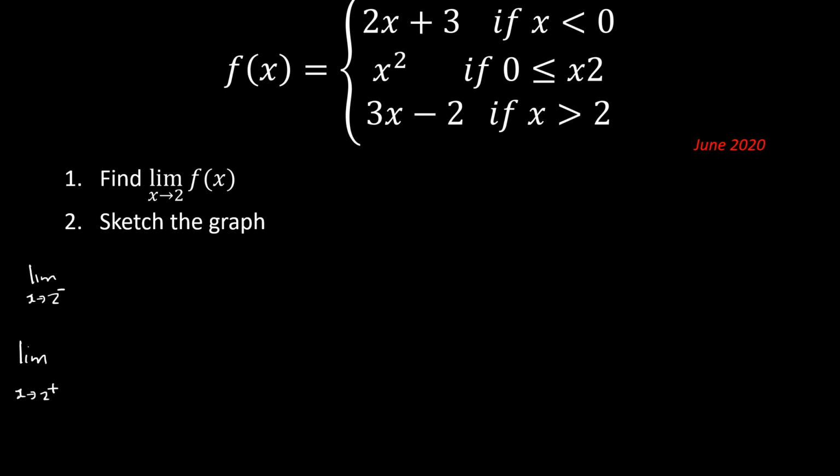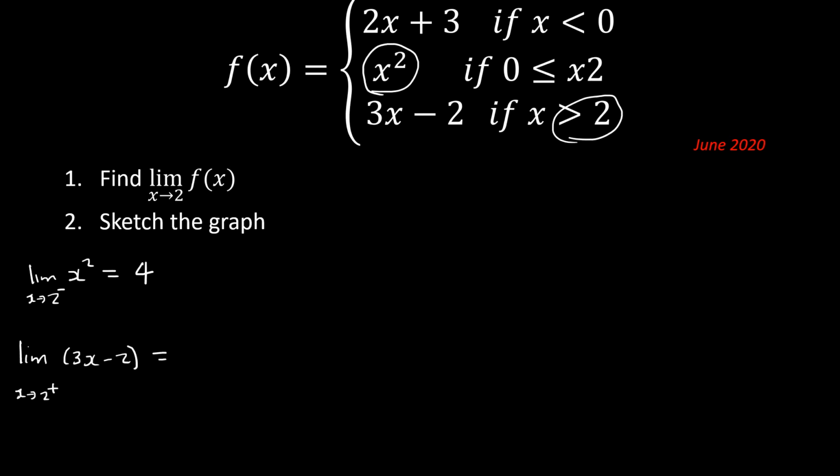So let's check. If x is less than 2, the graph we have where x is less than 2 is x squared only. So we'll use x squared. If you substitute 2 for x, you have 4. If x is greater than 2, it's 3x minus 2.